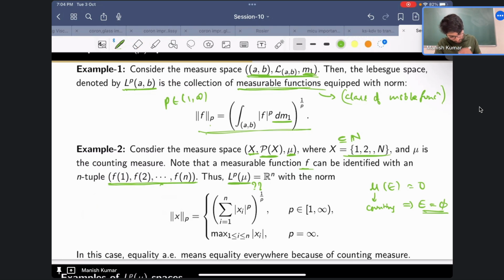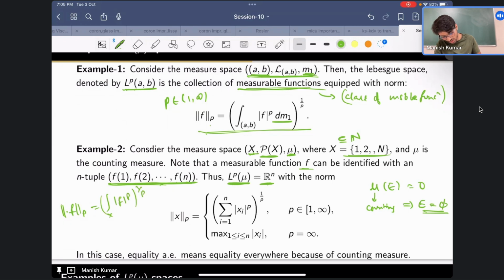Now this LP space, I am saying, is just R^n, in the sense that you can identify any function as a tuple of n entries. And what is the LP norm? You will have to check. Just take any point from here. The LP norm of f is the integration over X of |f|^p, whole raised to power 1 by p.